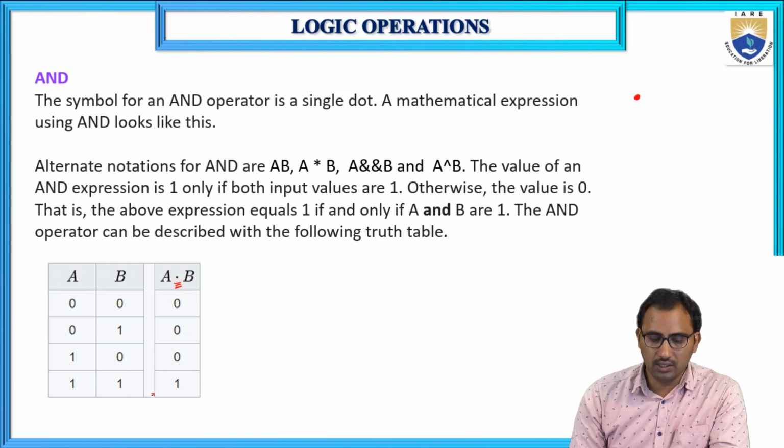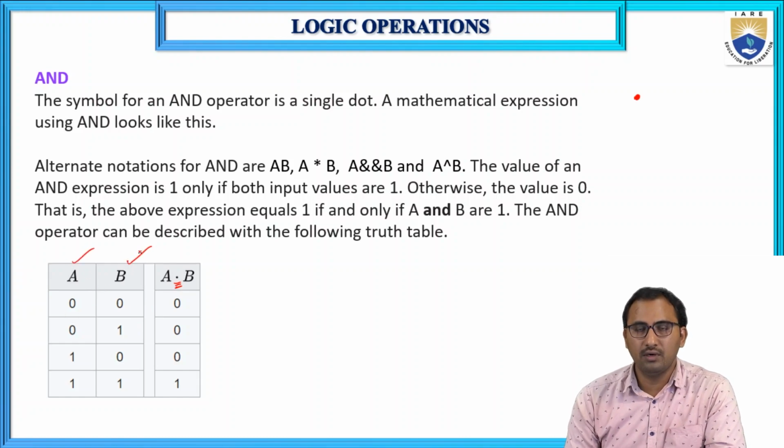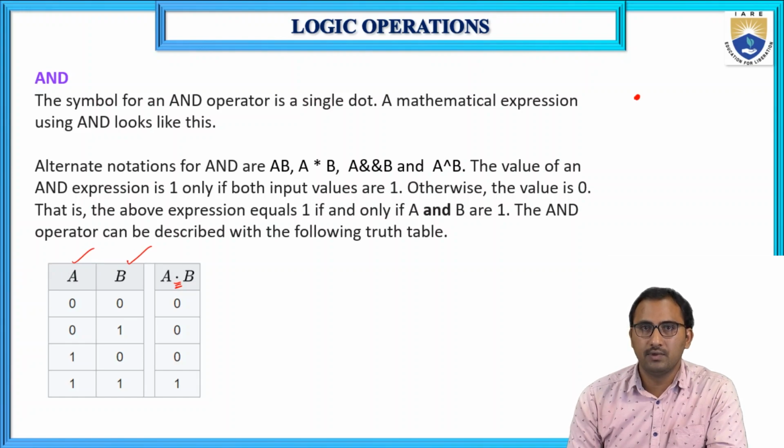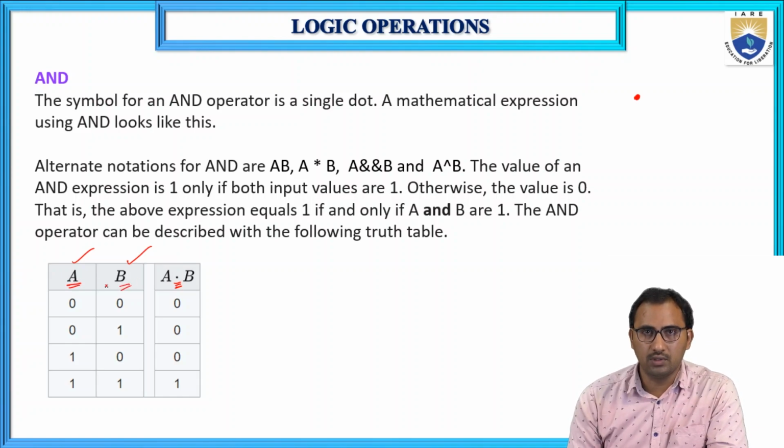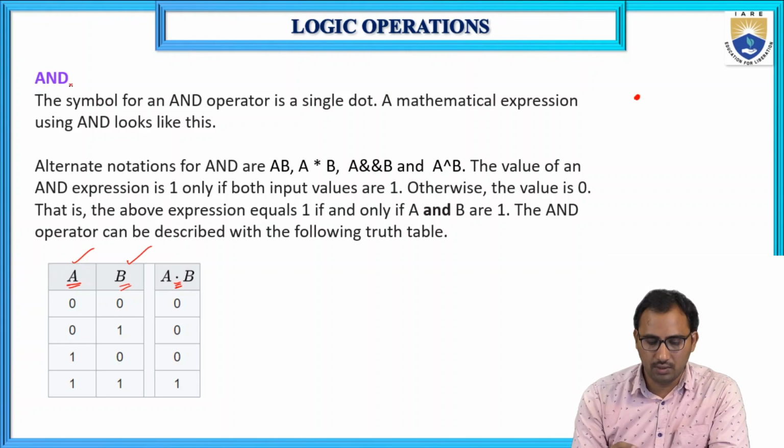In order to perform this AND operation, we have two bits, A and B. So A and B are the two inputs, and on the two inputs we are performing this AND operation.